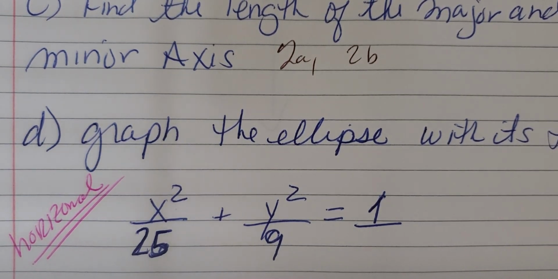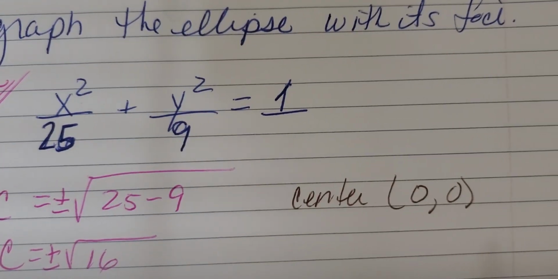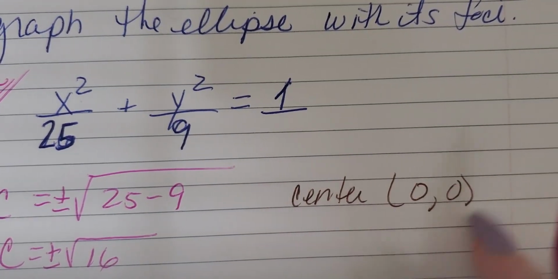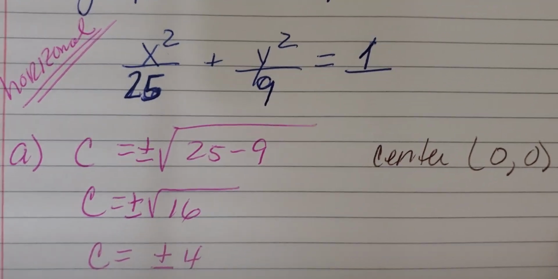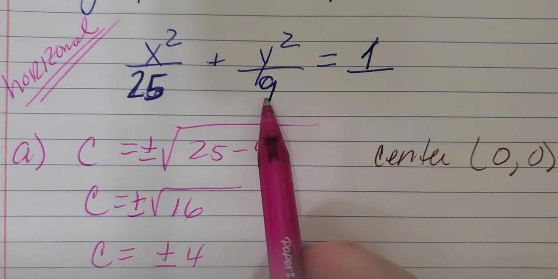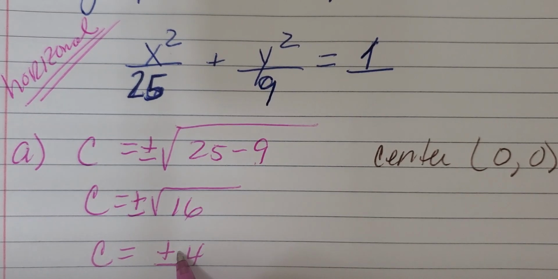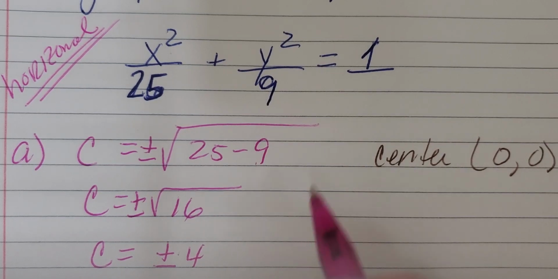The first thing I asked you guys was to find the center. Well, I'm already going to tell you this thing is centered around the origin. And we're going to find the foci. Now remember, the foci is the a squared minus the b squared, which means here's where the foci are going to be. So how do I know how to write them?